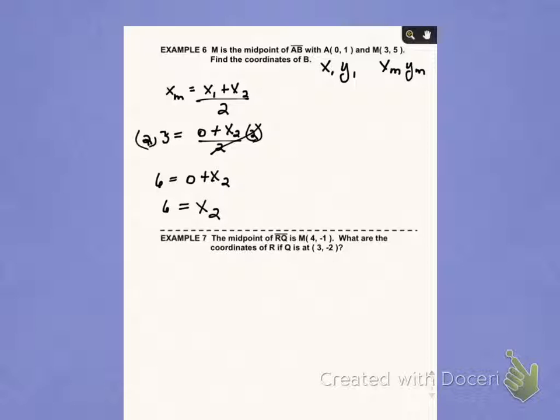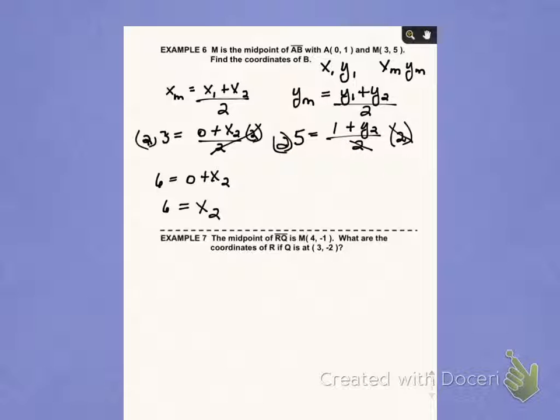Then we're going to do the same thing for y. Formula. Now let's put the numbers in. We know that ym is 5, y1 is 1 plus y2 over 2, multiply by 2 on both sides.